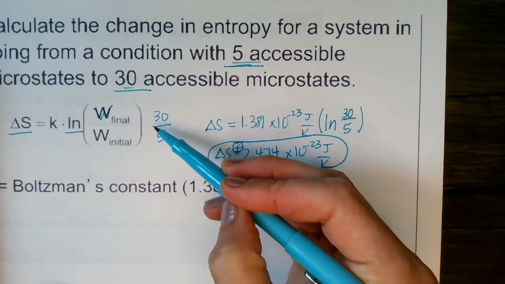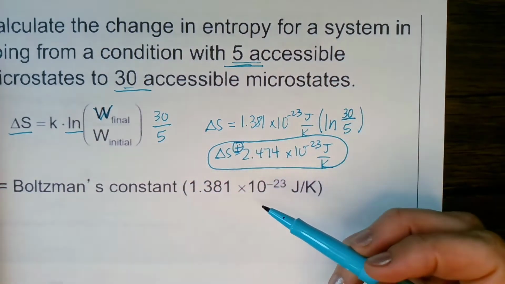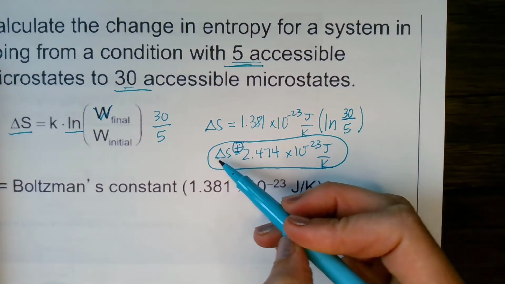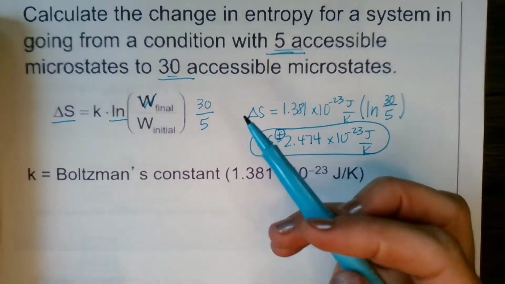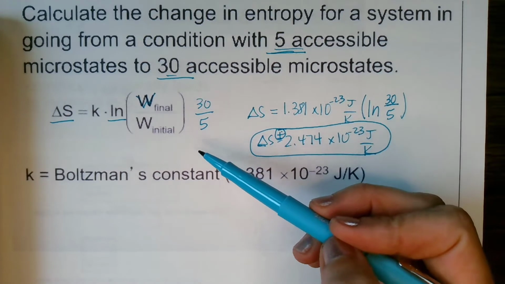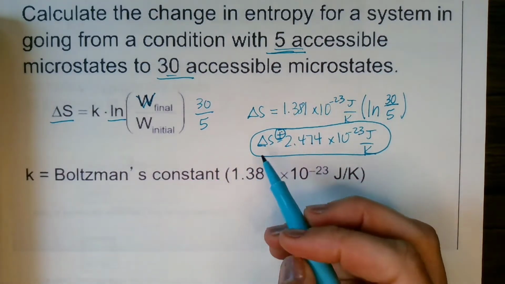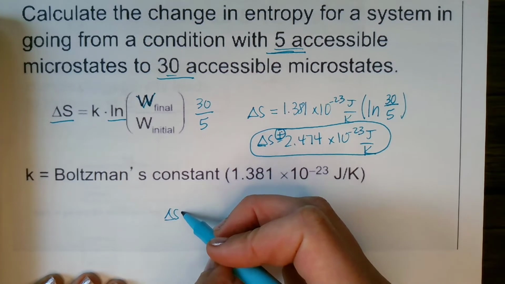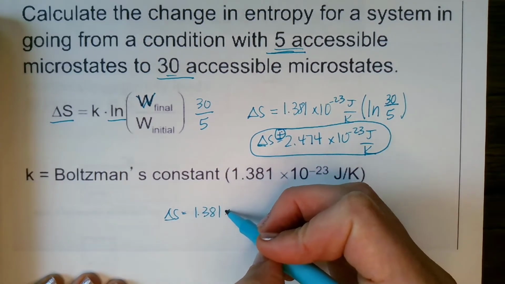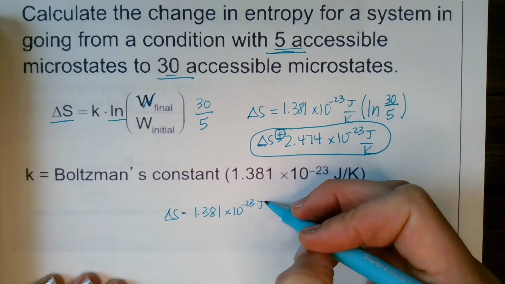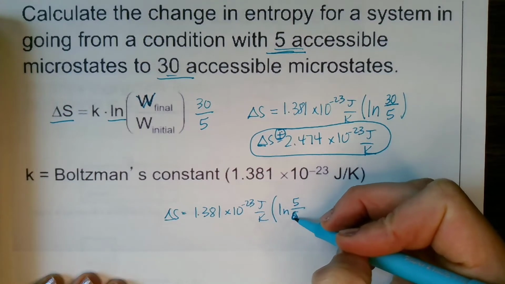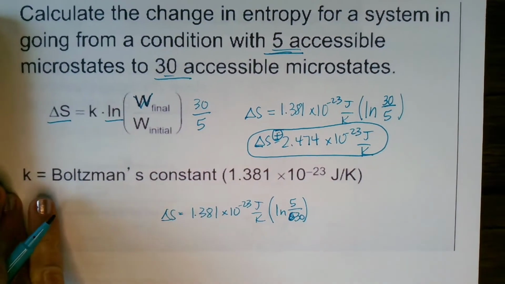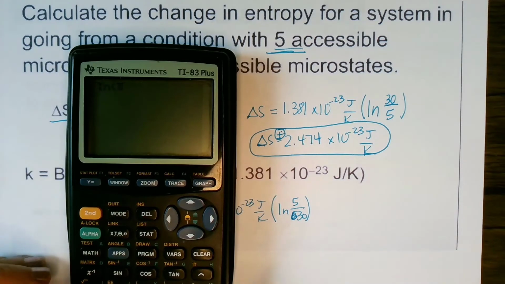And this is a positive number. So entropy has increased, right? And that makes sense. If we went from 5 microstates to 30, we are increasing our state of disorder. And we can double check this. What if I went from 30 microstates to 5? So I'm decreasing. Let's see what that does to delta S. If I plugged it in and said 1.381 times 10 to the negative 23rd joules per Kelvin times the natural log of, what if I did 5 over 30? Let's try that.